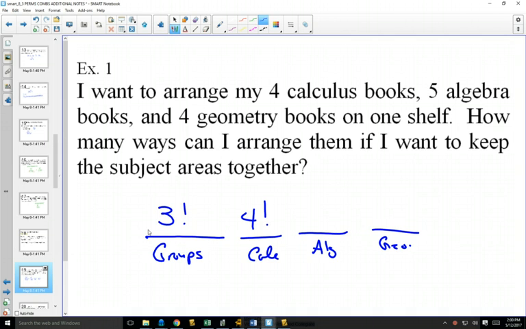They could be arranged in 4 factorial ways. Then my next decision, my algebra books. How many choices would I have for rearranging my algebra books? 5 factorial. And finally, my geometry books, 4 factorial. Since these are each decisions in spaces, you would multiply those all together and get your entire answer.